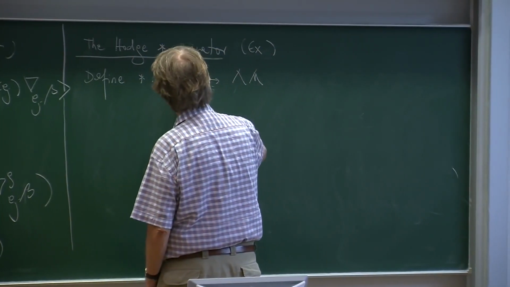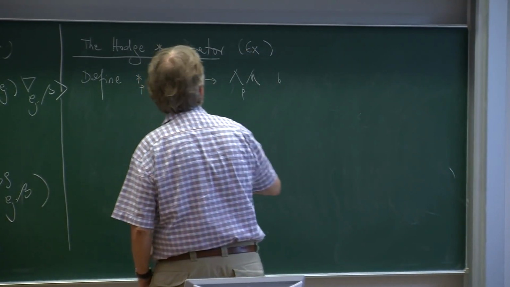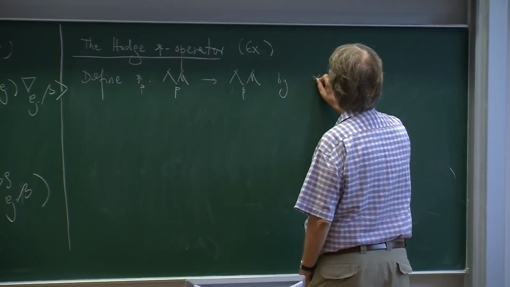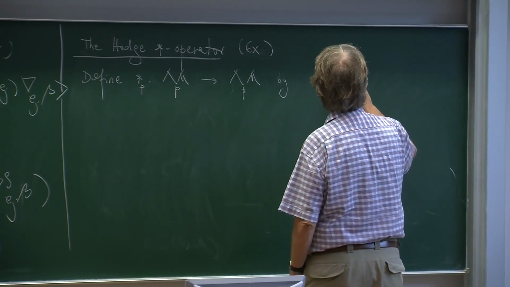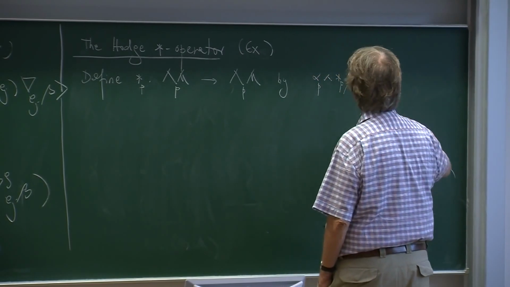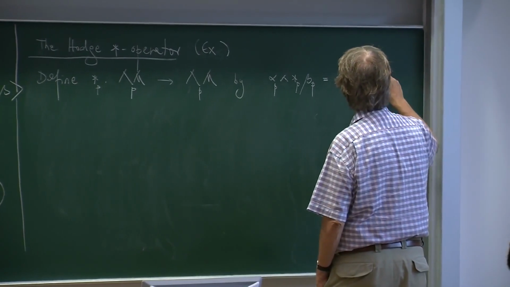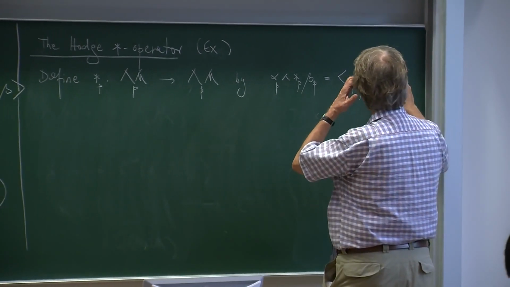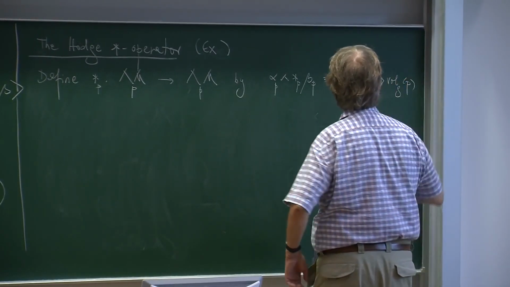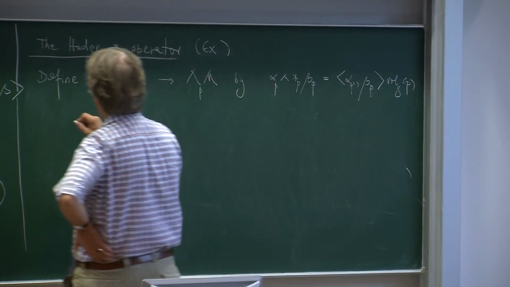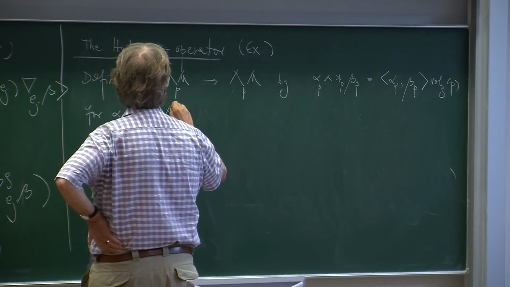So actually we can do it at p, and then it would be called star p, such that alpha_p wedge star_p beta_p equals the scalar product of alpha_p, beta_p times the volume form vol_g at p, for alpha, beta in lambda^j of m.